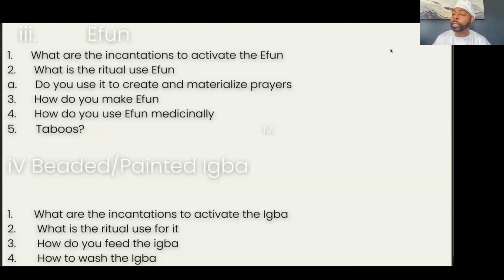Does it have any hidden spiritual purposes? No, it's just for authority. But mind you, our fathers have a way they work on Irukere for protection.